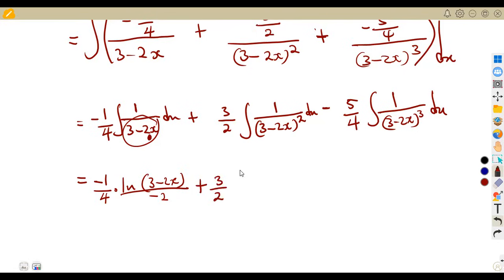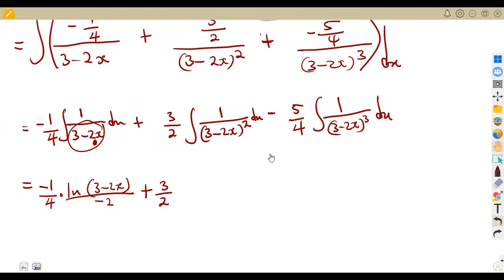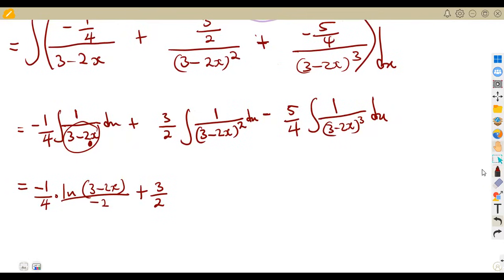All right, so plus 3 over 2, we are supposed also to find the integral of 1 over this. And we said if it is given as a fraction like this, it means we can have this as 3 minus 2x to the exponent of what? Of negative 2 on top. And I said, you integrate as it is, the way that you see it, the bracket as you see it with the exponent of negative 2, where we add 1.